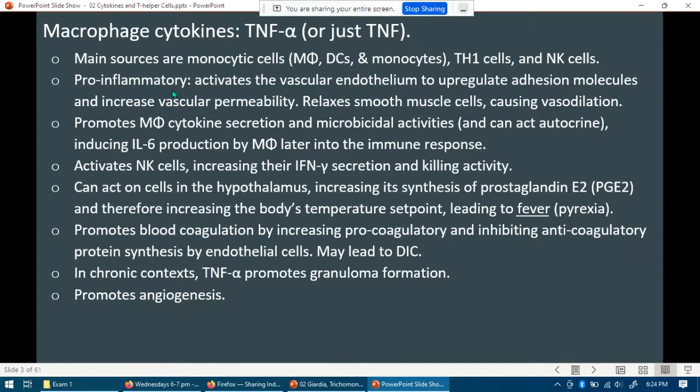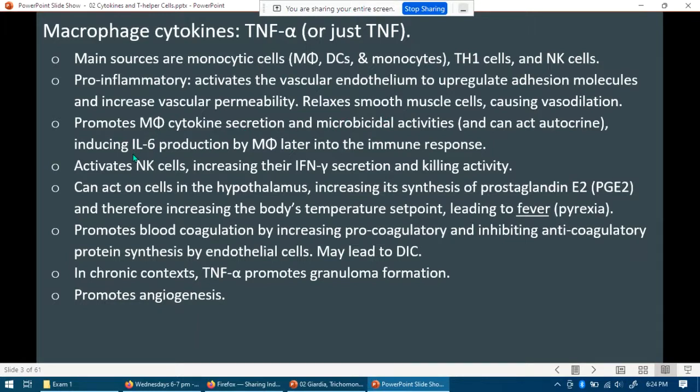It's pro-inflammatory, which I've already explained. It promotes macrophage cytokine secretion, so it acts in an autocrine manner on the same macrophage that just made it, or it can be produced by any of these other cells to act on the macrophage. And in response to being stimulated with tumor necrosis factor, macrophages make more cytokines, and they become better killers.